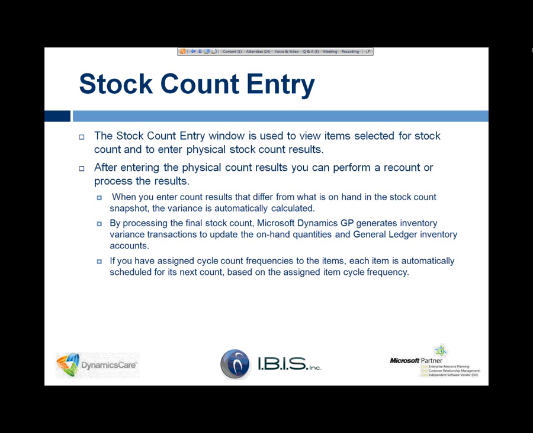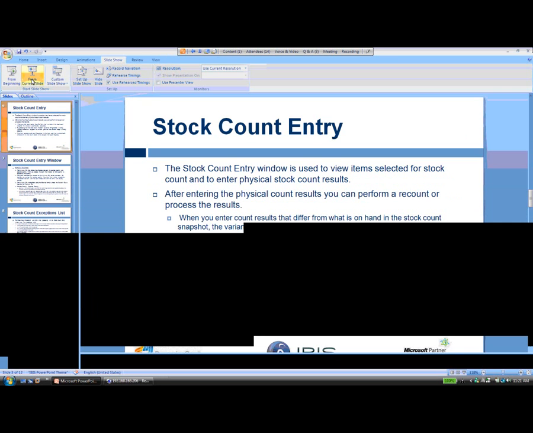And then if you establish a stock count frequency for an item site combination, then the system will actually increment that to the next scheduled stock count date based upon the item cycle frequency. Go back to GP and see what that looks like.